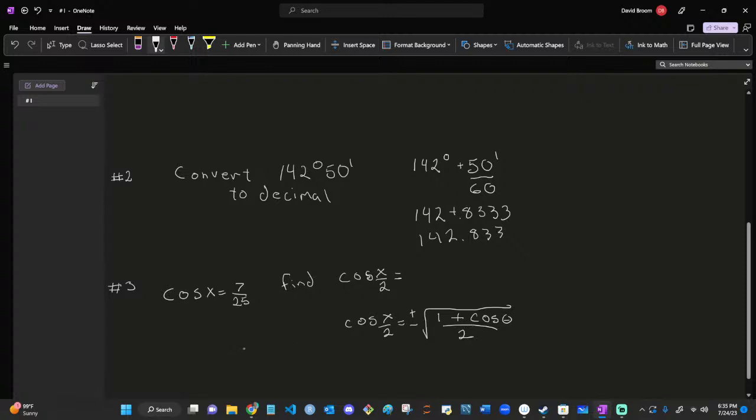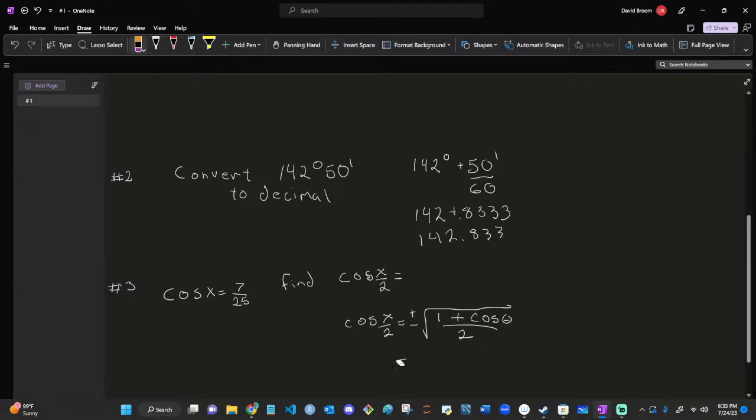So we need to find what quadrant this is in. If I have a triangle like this, 7 25, I think that quadrant would be 1. That'd be Q1 right there. So your answer would be half of Q1. Oh wait, I'm sorry, I didn't give some information here.